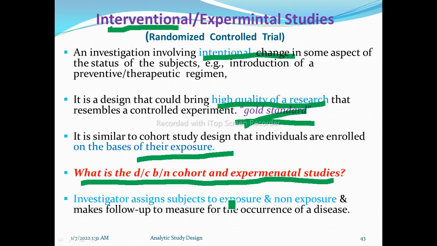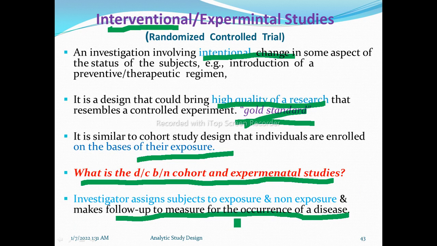The investigator assigns subjects to exposure and non-exposure and follows them up to measure the occurrence of disease. Meaning, in the case of experimental study design, the investigator has the ability to assign exposure and non-exposure and to follow for the outcome of interest. But in other observational study designs, the investigator does not assign, does not manipulate.